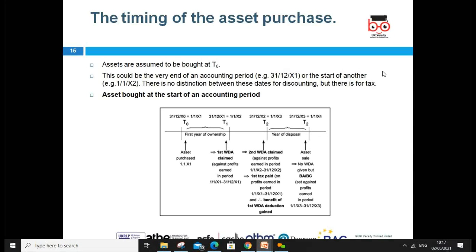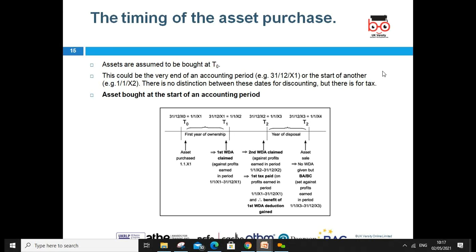Here, tax implications. We can look at the first year of ownership, the date, the first year written down allowance claim, and we need to apportion. Then the second year, and if we dispose, the year of disposal.